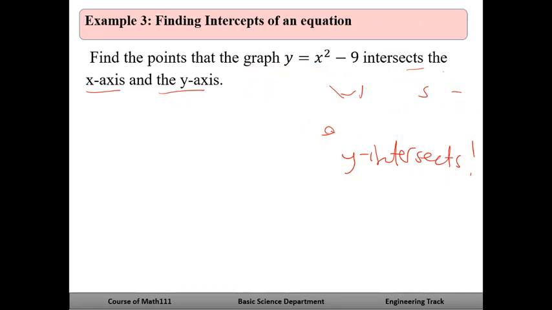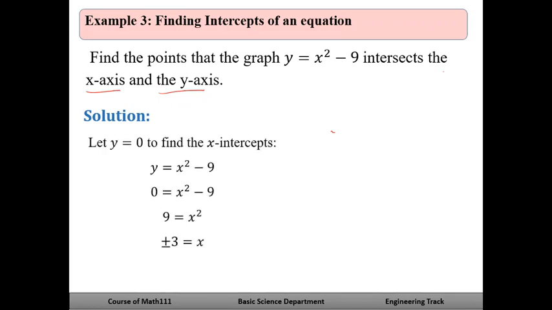The procedure is straightforward. To find the x-intercept, you set y equal to 0 and then solve for x. These give you the x-intercepts.